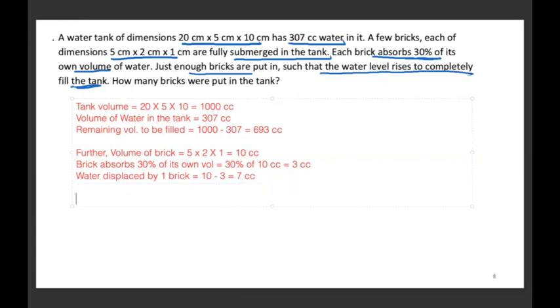So we know the remaining volume which needs to be filled, which is 693 cc. We also know the water displaced by one brick, which is 7 cc.